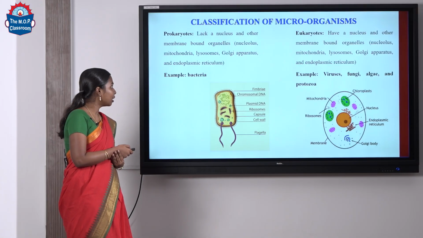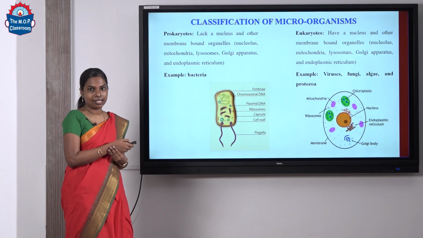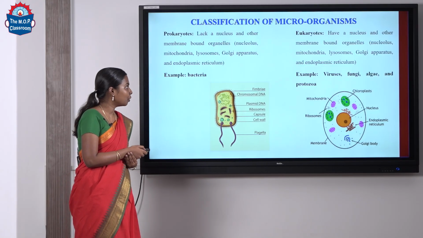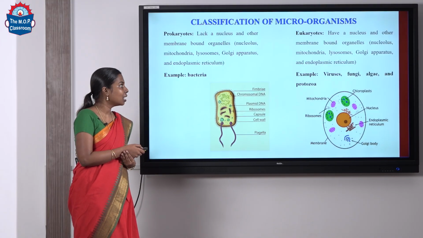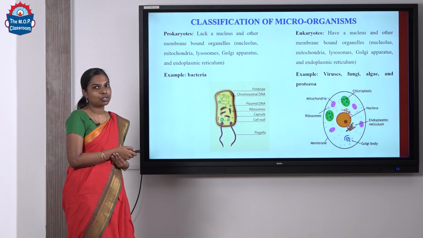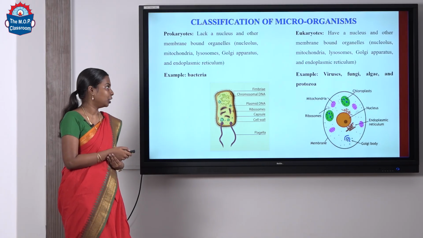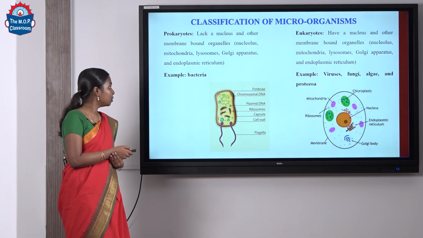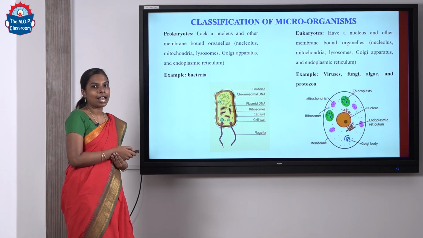In case of prokaryotes, structurally, you will not find a nucleus along with other membrane bound organelles in their structure, whereas in case of eukaryotes, there is going to be a presence of a well defined nucleus along with the presence of other membrane bound organelles such as mitochondria, lysosomes, Golgi apparatus and endoplasmic reticulum. Bacteria are examples of prokaryotes, whereas viruses, fungi, algae and protozoa come under eukaryotes.